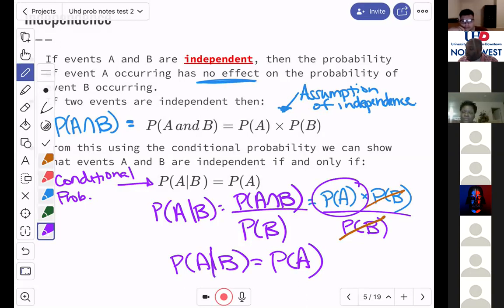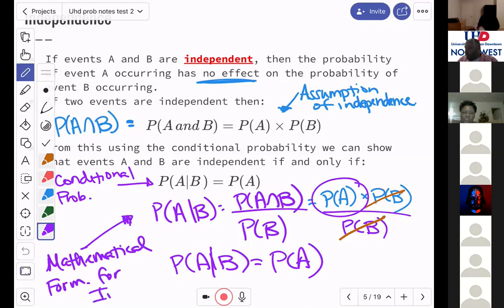This is what we call the mathematical formula for independence. And in order to show it, here's what I need. To show that two events are independent, I need a conditional probability.